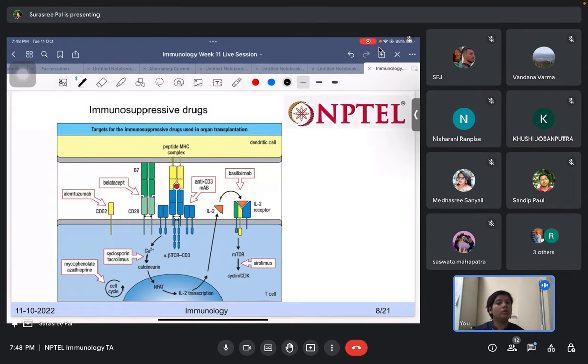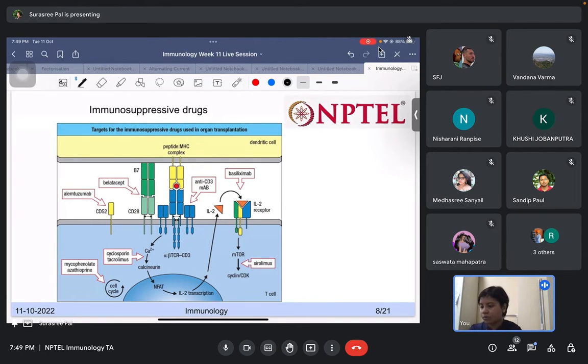So far we have understood that even if there is matching or cross matching of the blood group antigens, there is still some possibility that some antigens of the graft will be treated as foreign in our body, and an immune response will be generated against them. To avoid that, we need the help of immunosuppressive drugs, which are now available due to the improvement of our medical technologies, and these are some of the drugs that I'm going to discuss.